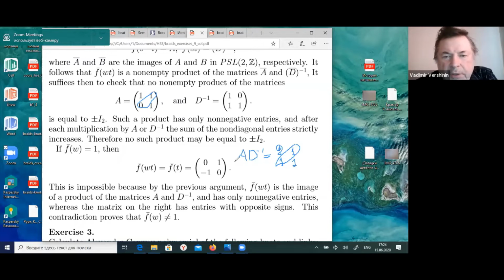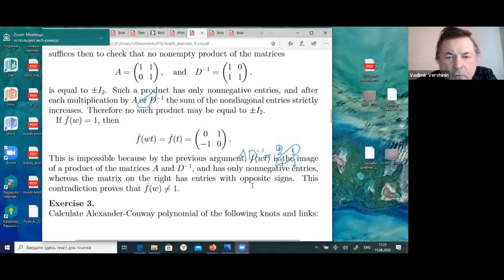By induction, we can see that it is a strictly growing function. So it can never be this one.